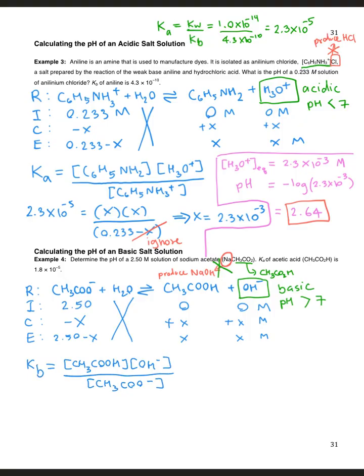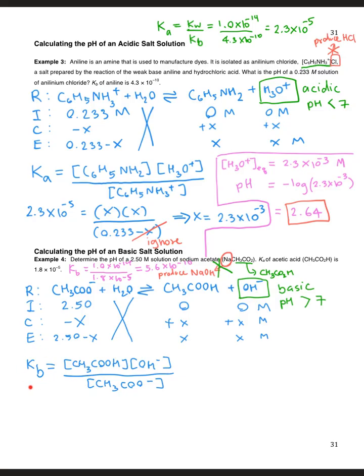However, the problem gives us the Ka value, not the Kb value, and we can relate Ka and Kb in this case because the acetic acid that is given is the conjugate acid of the base acetate that we want to find the Kb of. So use the relationship Ka times Kb equals Kw to find Kb. In this case, Kb would equal Kw divided by Ka. If you plug in all the values, you will get Kb equal to 5.6 times 10 to the negative 10.